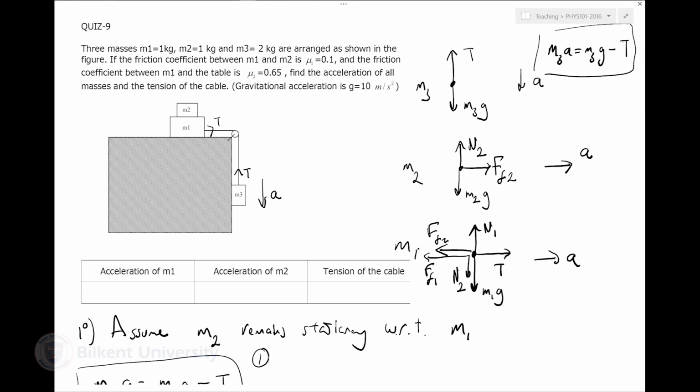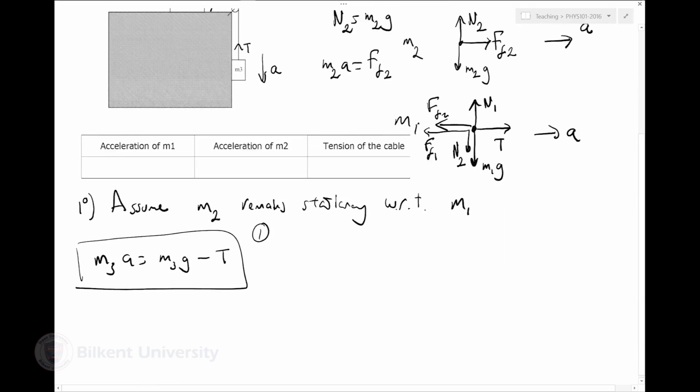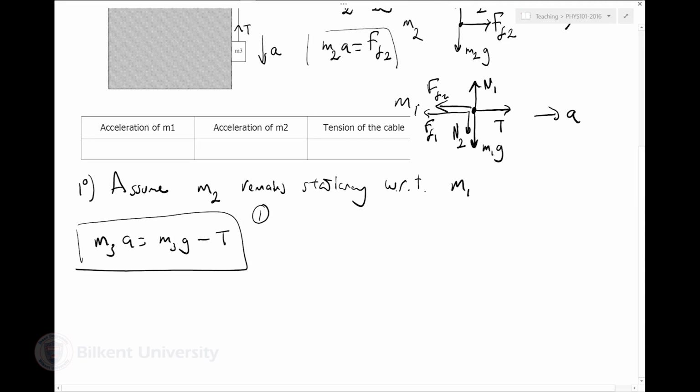I have two equations. I will find N2 is M2G in the vertical direction. And in the other direction, I'll find M2A is F friction 2, right? So let me use this as my second equation. M2A is F friction 2.